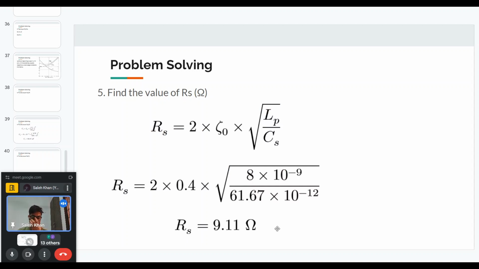And the power rating of RS will actually depend on the power loss associated with RS. That can be complicated if you want to find the I expression, the RMS value of that I expression, and then RMS square times the RS value here. That will give us the power rating of RS.